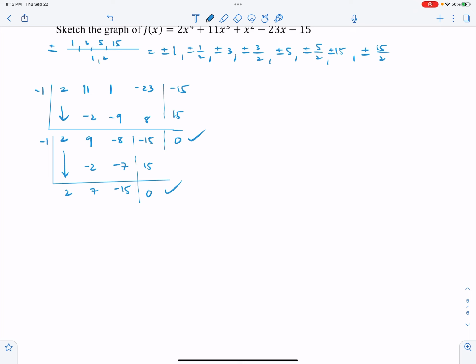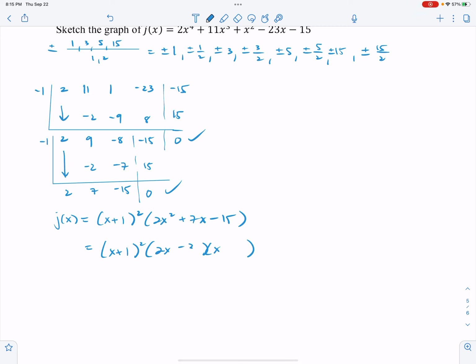Okay, so that means that j of x can be written as (x plus 1) squared times (2x squared plus 7x minus 15). Let's see if that can be factored using guess and check. Yep.